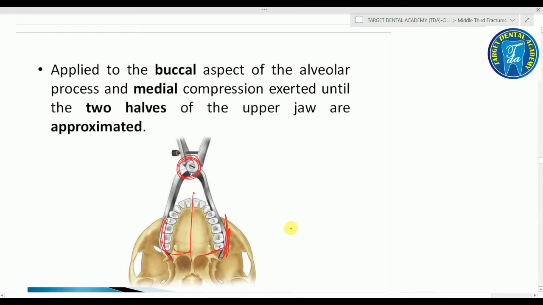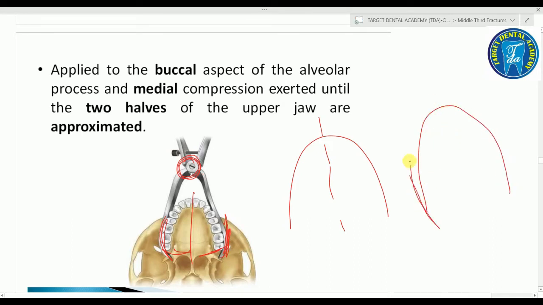See, when there is a fracture in the palate, the Hayton-Williams forceps are applied to the buccal aspect of the alveolar processes, and we have to compress so that the two halves of the palate come into close approximation.